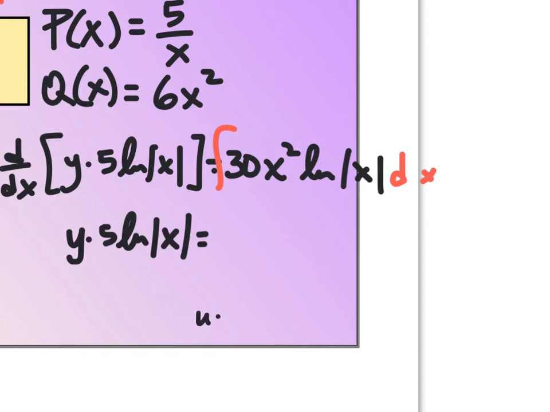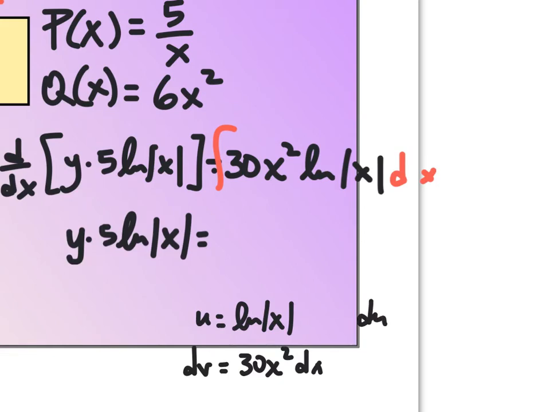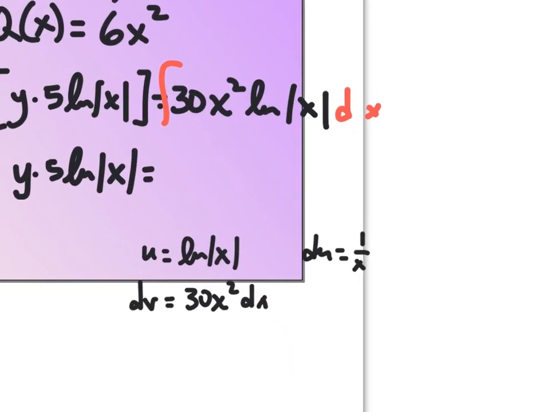And u is going to equal natural log of x. dv will equal 30x squared dx. So du will equal 1 over x dx. Actually, no, yeah, that's right.